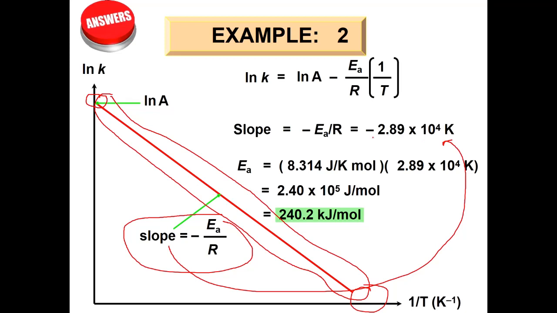The slope is negative 2.89 times 10 to the power of 4 Kelvin. Then only you can find out the Ea. R is 8.314. Then you can find out your Ea. Ea is 240.2 kilojoule per mole.